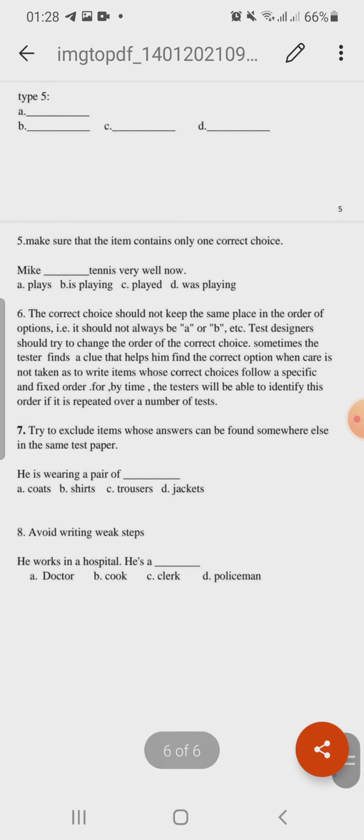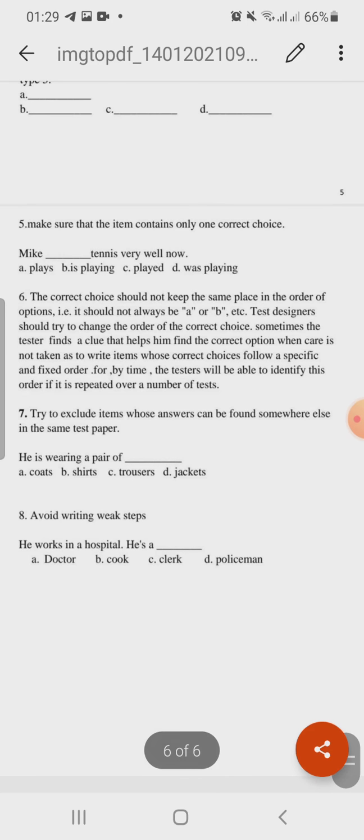6, the correct choice shouldn't keep the same place in the order of options. It shouldn't always be A or B. Test designers should try to change the order of the correct choice.